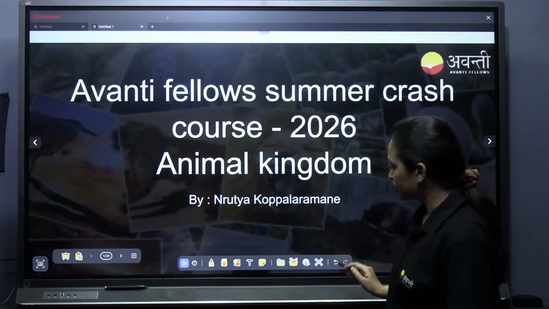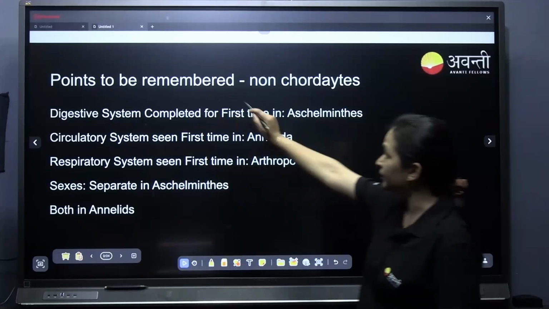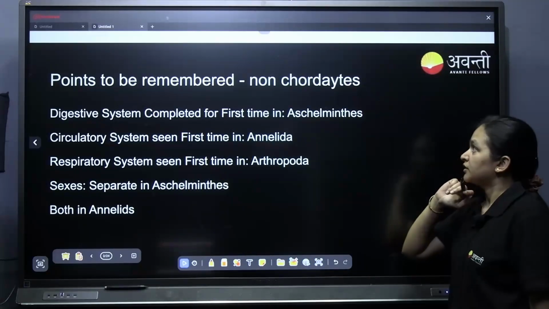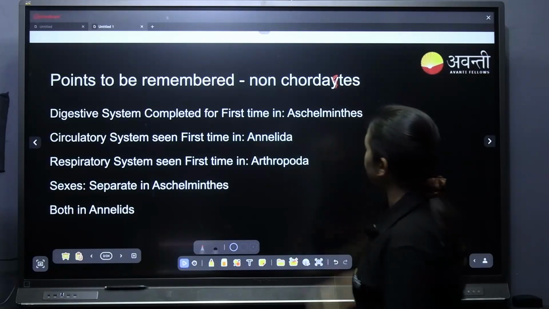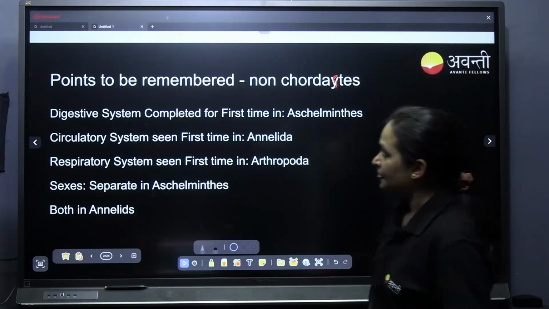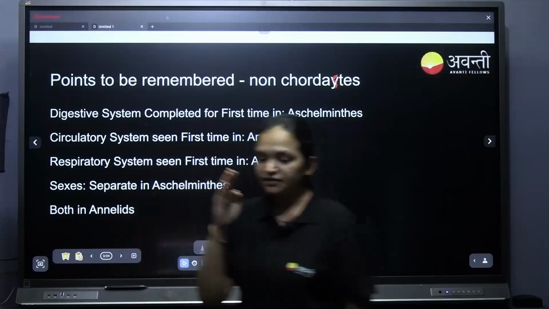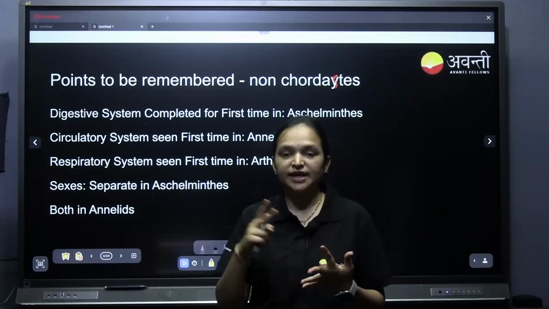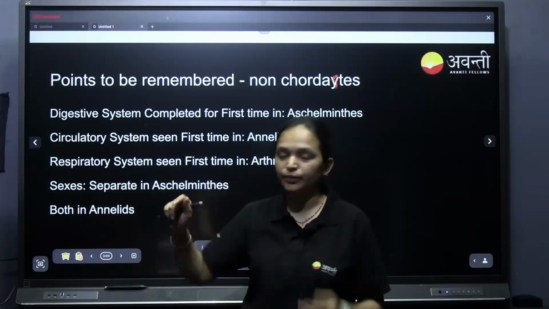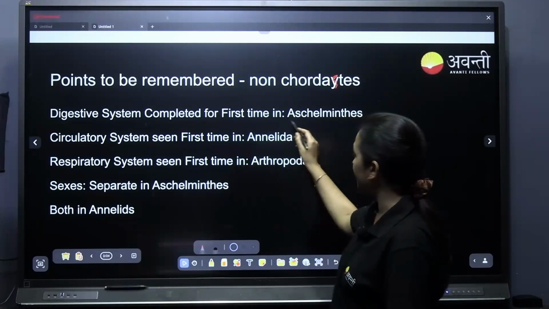So first we are going to learn the points to be remembered about non-chordates. The first thing is the digestive system. If we go in sequence from Porifera, Coelenterata, Ctenophora, Platyhelminthes, Aschelminthes, Annelida, the first complete digestive system we can find is in Aschelminthes.